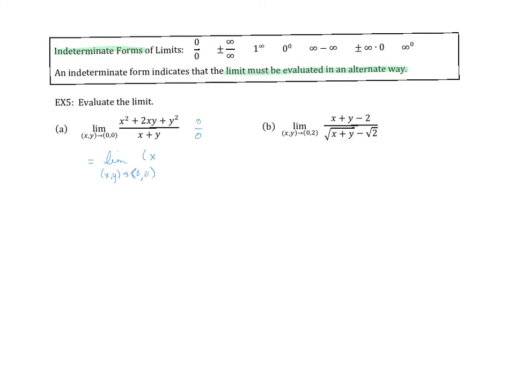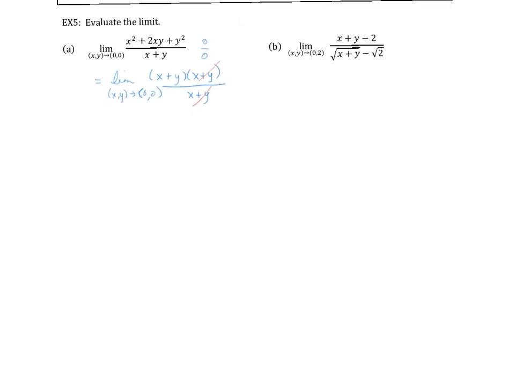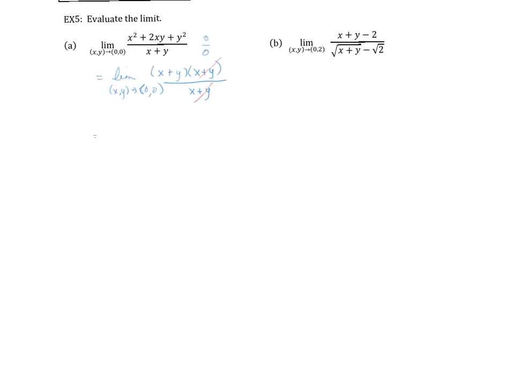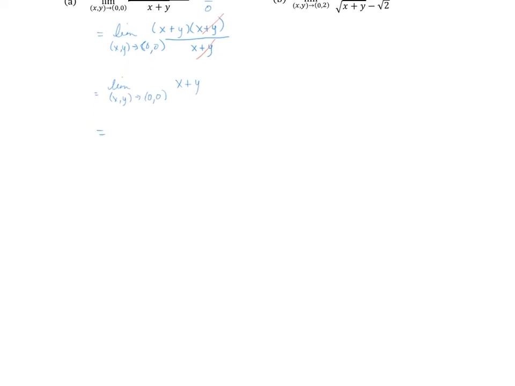This is (x plus y) times (x plus y) over (x plus y). So you can cancel a factor of x plus y in the numerator and the denominator, so that our limit as (x, y) goes to the point (0, 0) is simply equal to x plus y. And now when I plug in 0 for x and 0 for y, I simply get 0 plus 0, which is equal to 0.